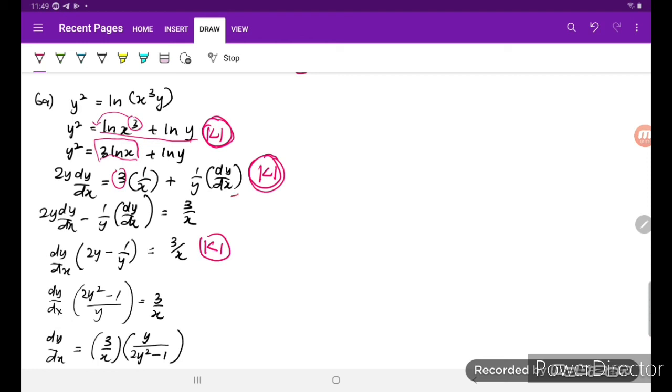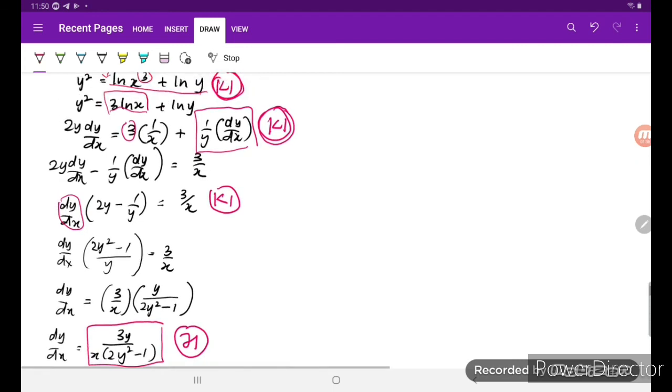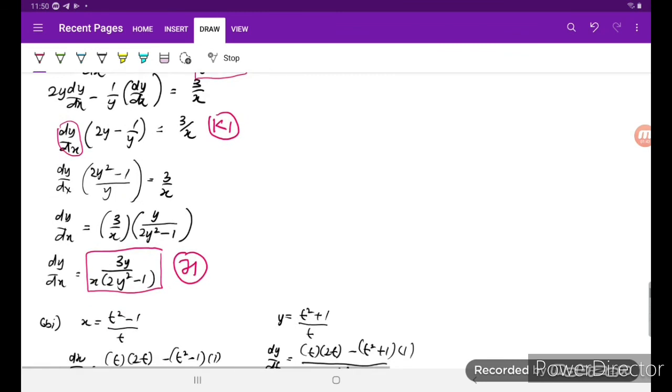And then this one also differentiate implicitly, you get K1. After that you simplify and factorize dy dx. Okay, you get another K1, and then you simplify to get dy dx as this. You will get G1. So altogether you will get 4 marks for 6A.